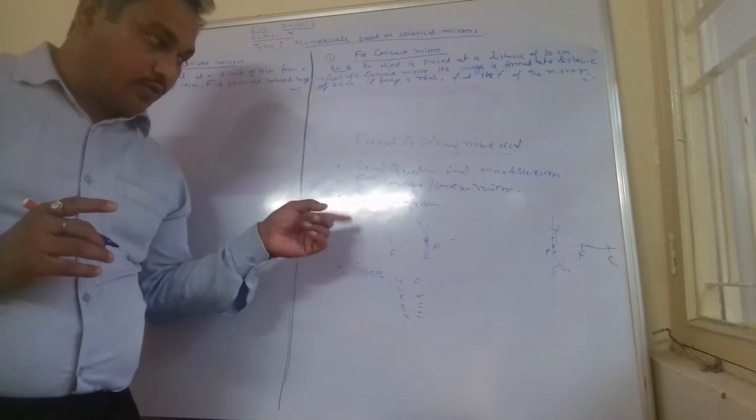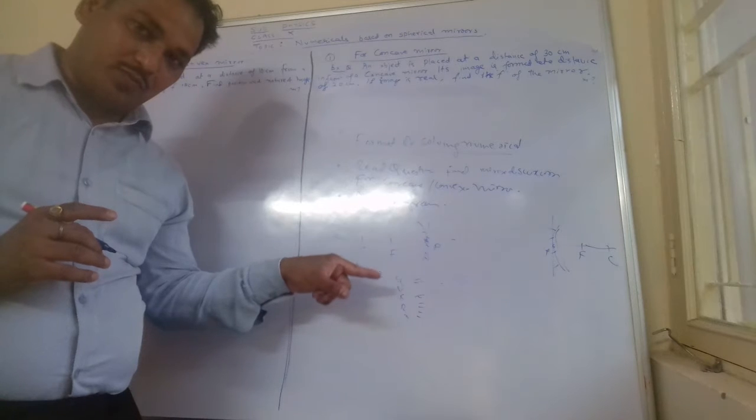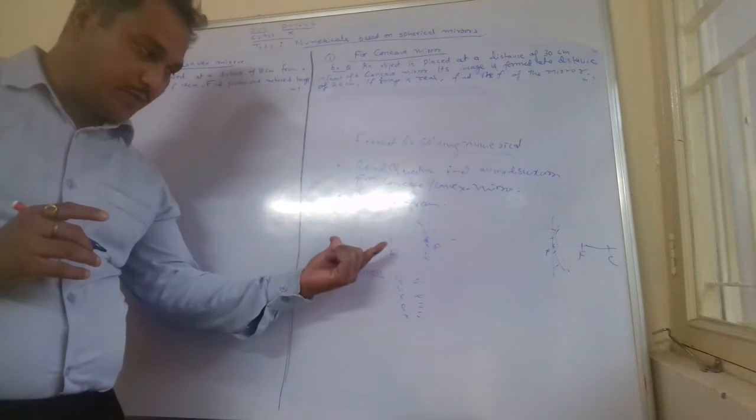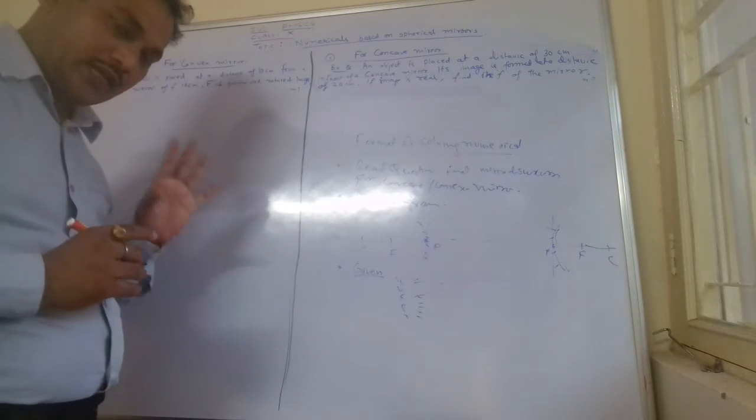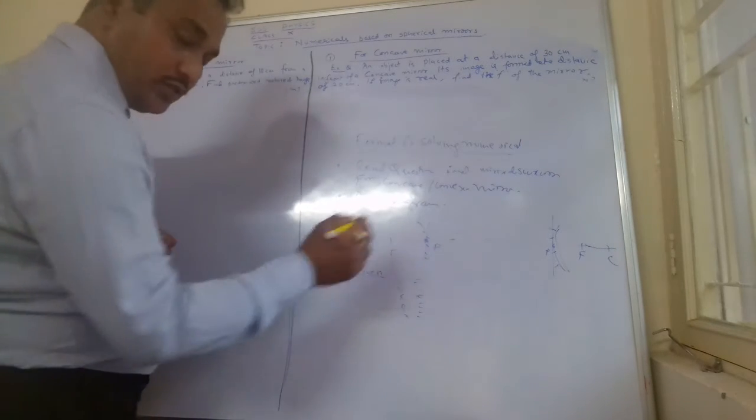Then you will put the correct sign, plus or minus, in front of these values, based on the position of the object, by applying the new Cartesian sign convention, as you are aware.